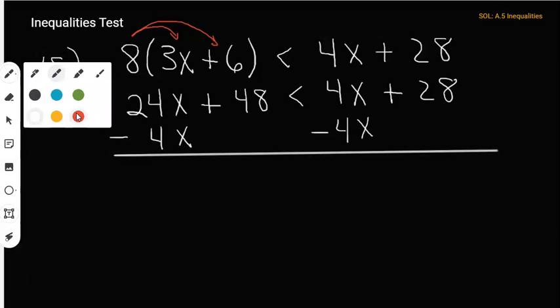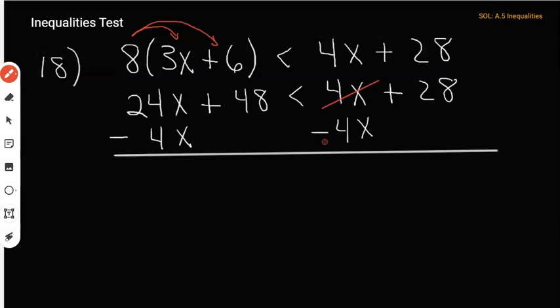So what that's going to do is cause these 4x's to cancel out, leaving me only with a 28. But then on this side, I have 24x minus 4x. What would that be? 20x, yep. And then I have to bring down the plus 48.